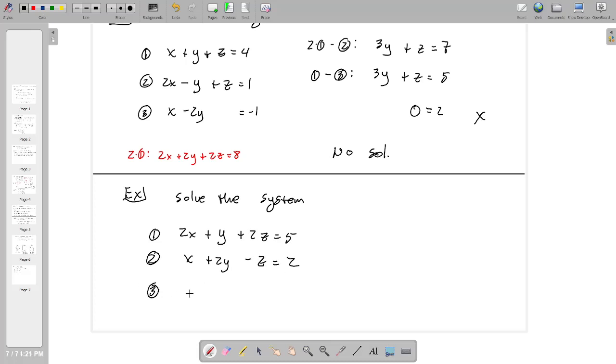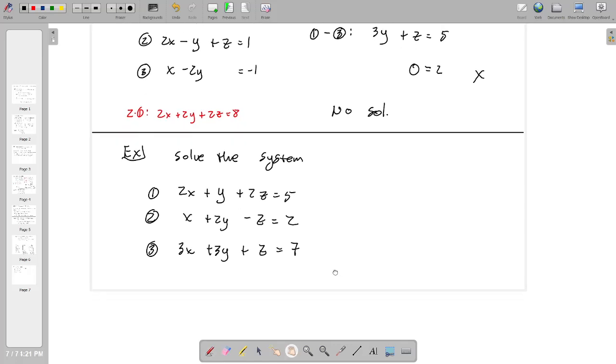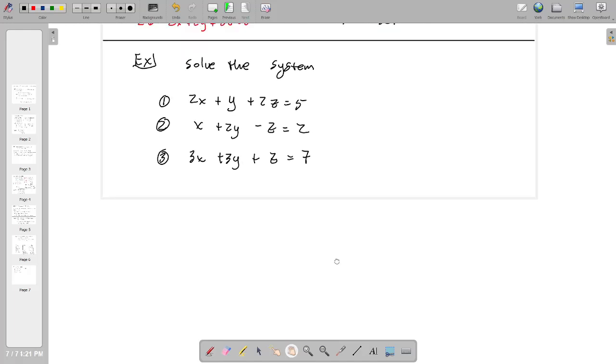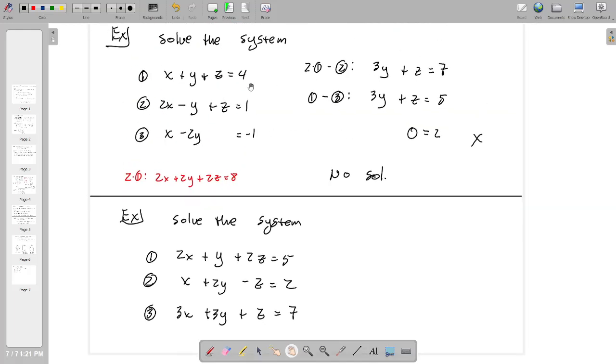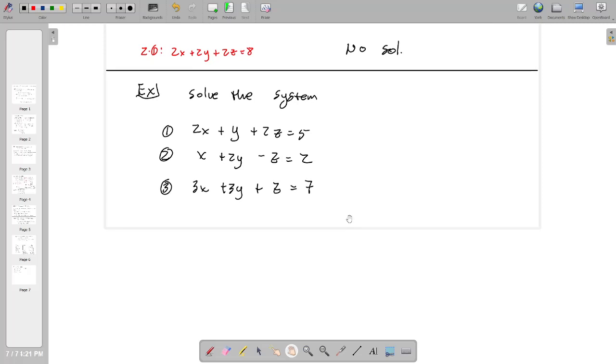And equation 3, 3x plus 3y plus z is equal to 7. Now this is going to come out to infinitely many solutions, but I want to show you how we solve it, because it'll look very similar to the previous example up until we get an equation that doesn't ever work. In our case, the equation will always work.